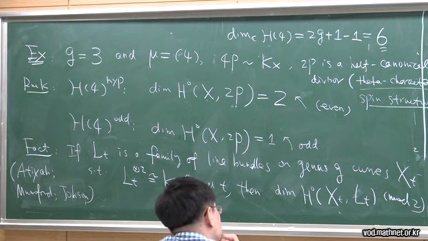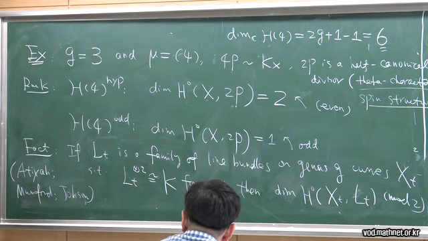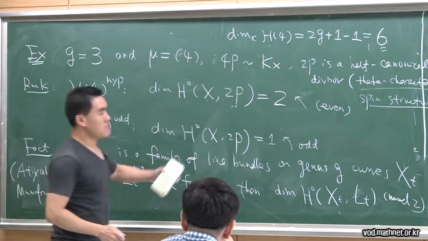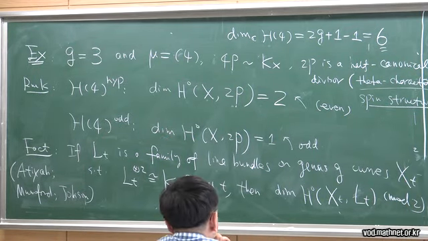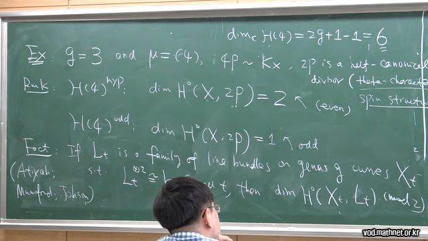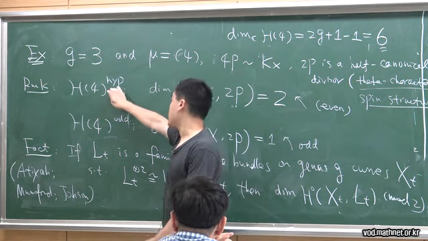But actually, let me first generalize the statement to higher genus and general signature mu. So what are the at most 3 connected components? As you can see, in general, I will have something like a hyperelliptic component.